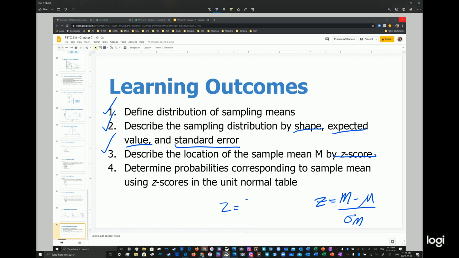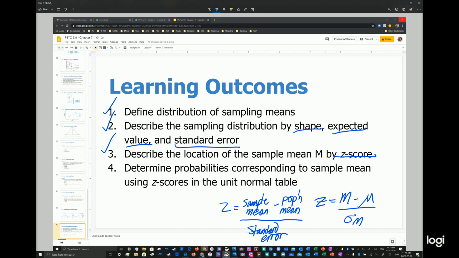So here it's sample mean minus population mean, which we know from a sampling distribution, that the mean of means is the same as the population mean, and then we're measuring this deviation score in terms of standard error, not standard deviation of the population.